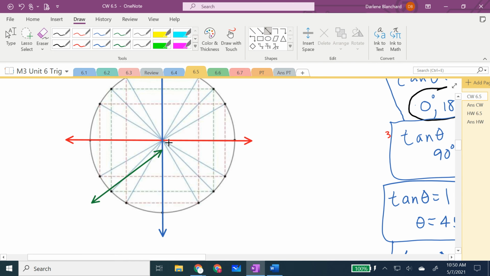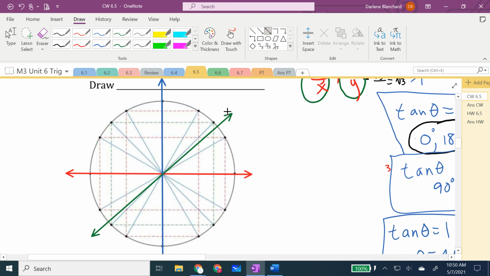And then I have a slope of 1. If I can get a slope of 1 going. There we go. Slope of 1. These are the angles where tangent and cotangent are both positive 1.